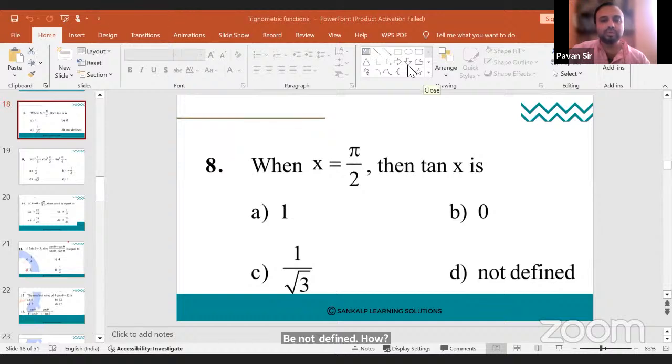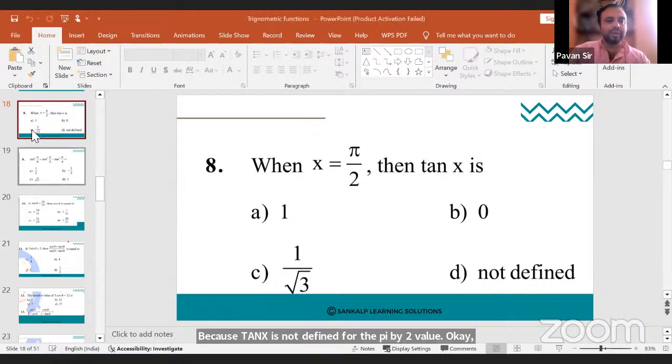Apeksha has given the option D. SPS Shravani Kulkarni has given the option D. Because tan x is not defined for the pi by 2 value. It is a simple reason. For tan, pi by 2 is not defined. So because of that, the answer is option D, that is not defined.